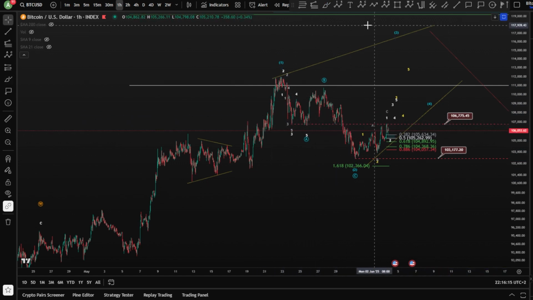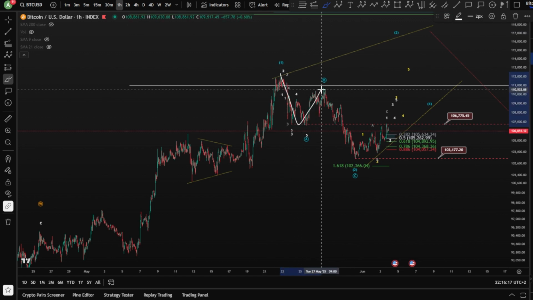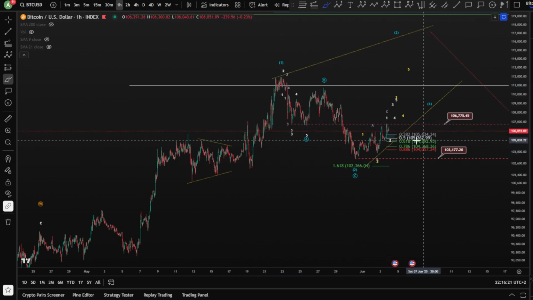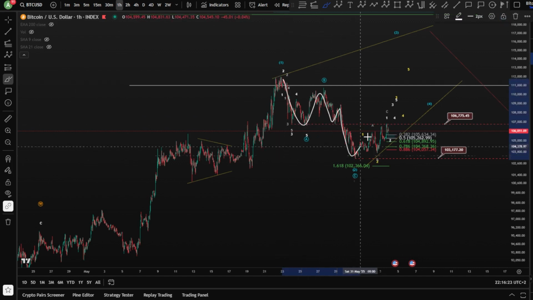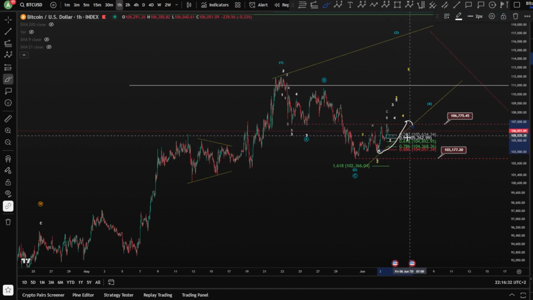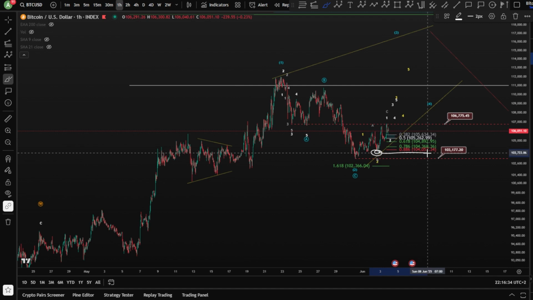So in both case scenarios, whether wave 1, 2 or 1, 2, 3, 4, this wave 4 has invalidated any bearish impulse. And by all means, the higher possibility still remains toward the upside, and of course it is a very low possibility to take this low.